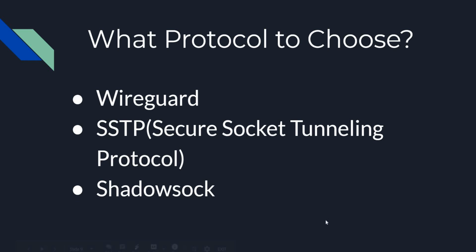Next up is Shadowsocks, which isn't quite a VPN, but is a proxy service used mainly in China. It was created in China in 2012, and the Chinese government forced the creator to stop development in 2015. But it has a repository on GitHub and is continuously updated by its users.